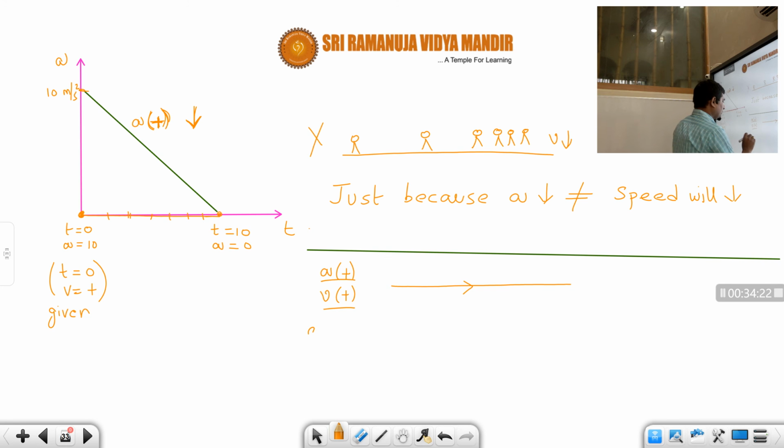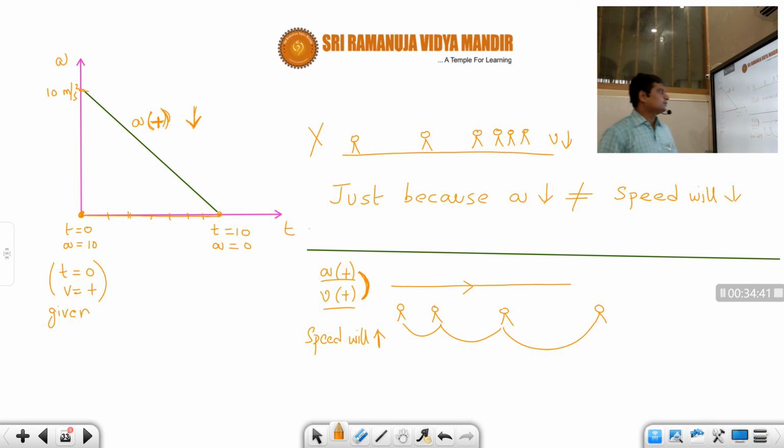It's very, very important. Why will the speed increase, students? Because both are of the same sign. If you draw the graph, the speed will increase like this. So just because acceleration is decreasing, we cannot say that the speed is decreasing.